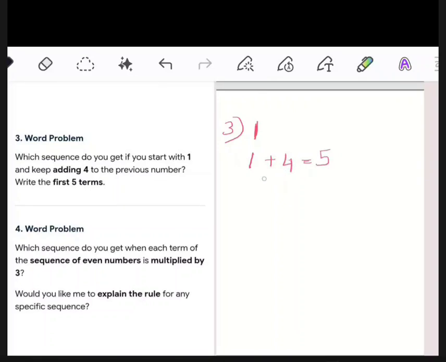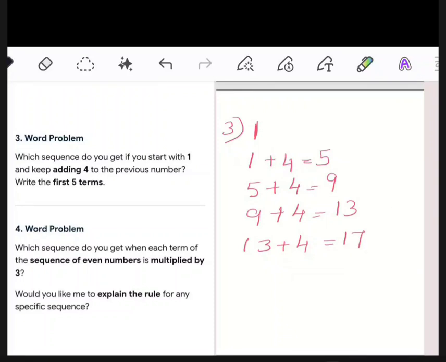Next number, 5 plus 4. We get 9. So next we have to add 9 plus 4. That is 13. Again, 13 plus 4, 17.